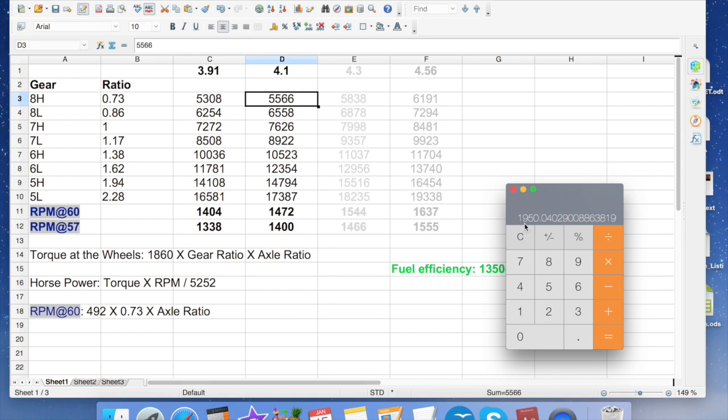So you see, 1950. So basically, having 4.10 is the same as if we increased the torque from 1860, that's my torque now, to 1950. So basically, if you have 1950 torque and 3.91 ratio, you will get this number, right?